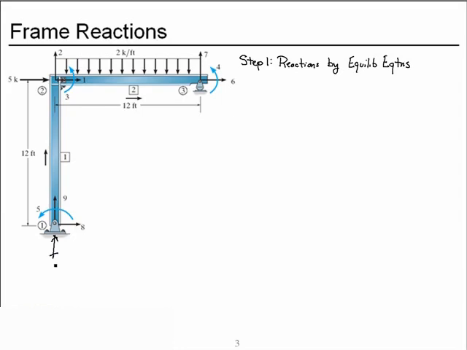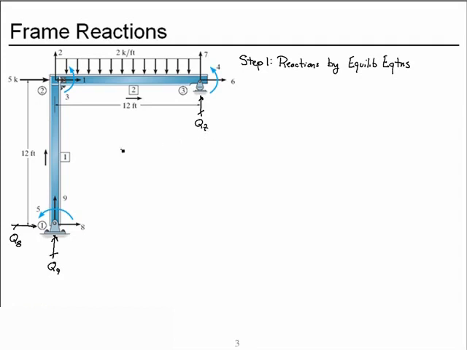Vertical reaction at node 1, which we'll call Q9 since it's in the degree of freedom 9 direction. Horizontal reaction at node 1, which is degree of freedom 8. And vertical reaction at node 3, which is degree of freedom 7.